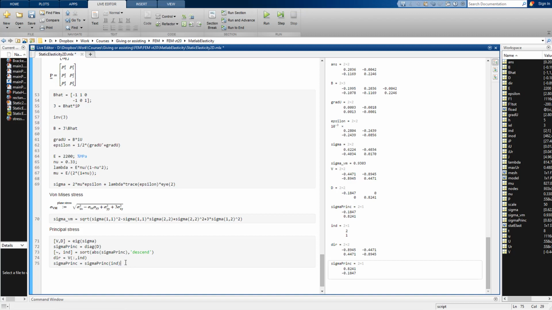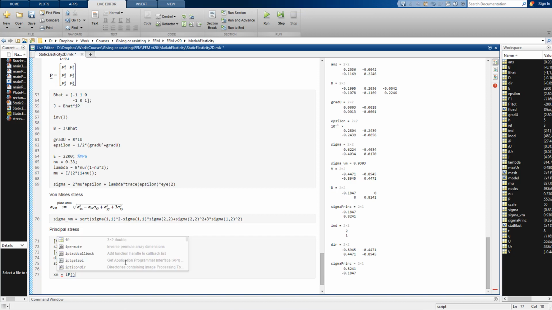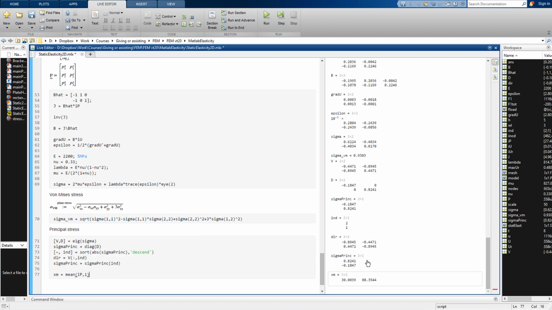Right. Now, what I can do as well is to plot these directions. So I'm just going to quite fast here do the midpoints, IP, and we can do mean of IP in the one direction. That's going to give me this.